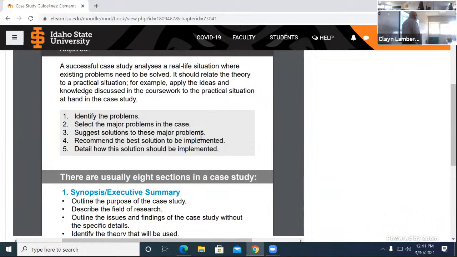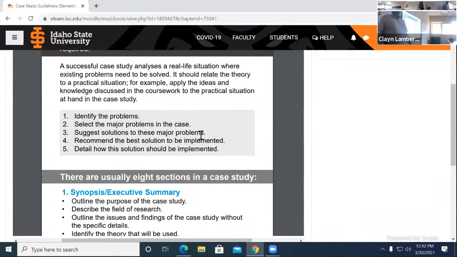You don't have to go into details about what the solution is and how it's going to work. I don't worry about that as much, not in an essay that's about 1,000 to 1,400 words. Identify the problems, select the biggest one, suggest solutions to these problems, and then recommend the best solution. These 4 steps are the primary ones I'm looking for. Does this make sense to everybody so far?